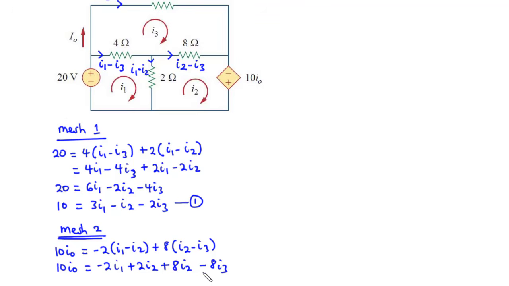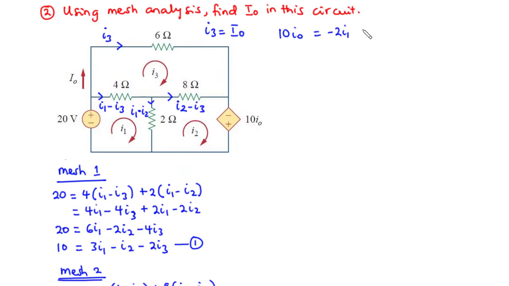So that becomes negative 2I1 plus 10I2 minus 8I3. So we can divide through by 2. We have 5 I naught equals negative I1 plus 5I2 minus 4I3.